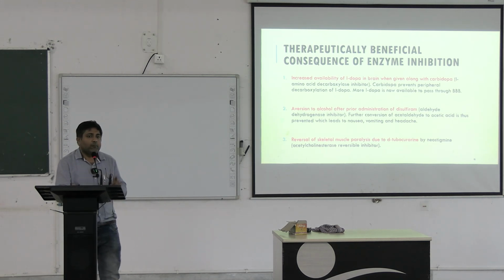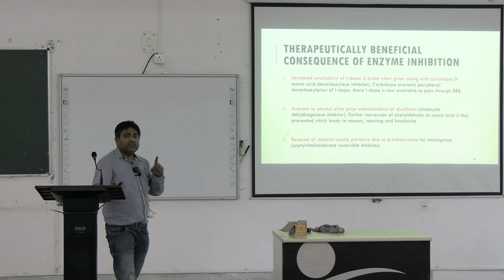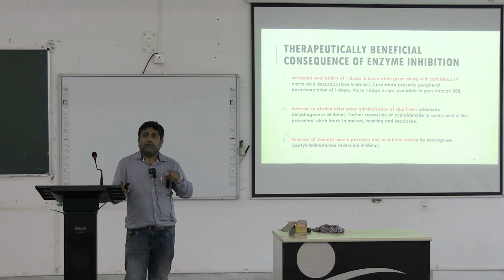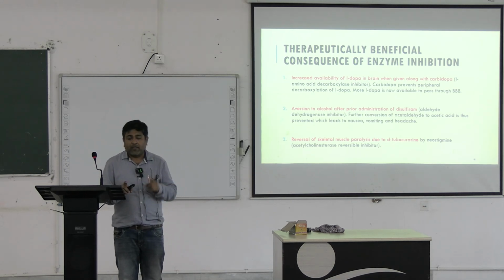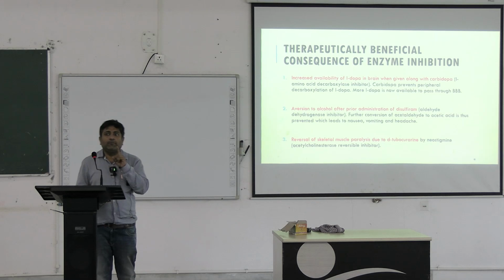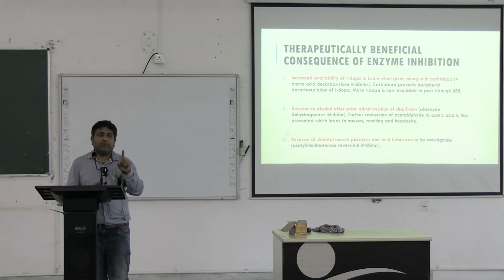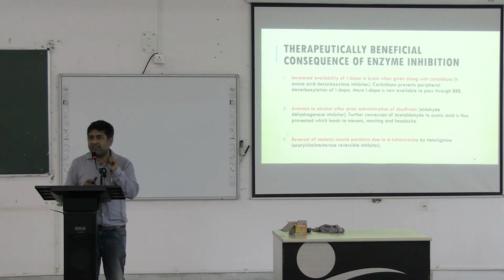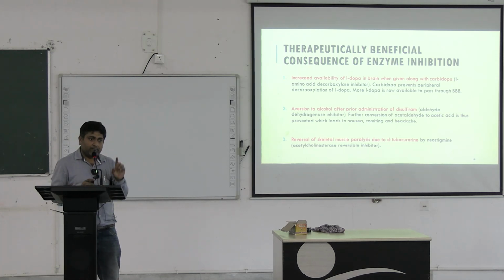Because the problem with dopamine is that it does not cross the blood-brain barrier. As a result, it cannot reach the brain and cannot show its therapeutic efficacy. When taken as levodopa, it can cross the blood-brain barrier, reach the brain and show the effect. It is converted to dopamine in the brain because of the presence of decarboxylase enzyme.